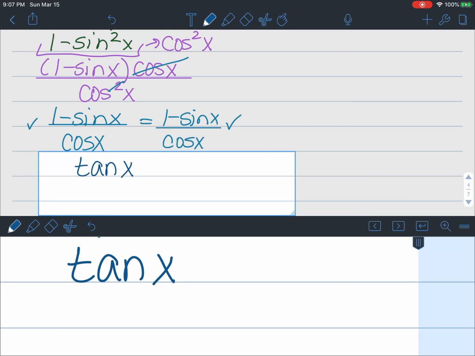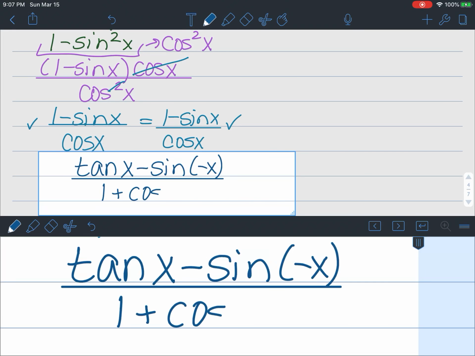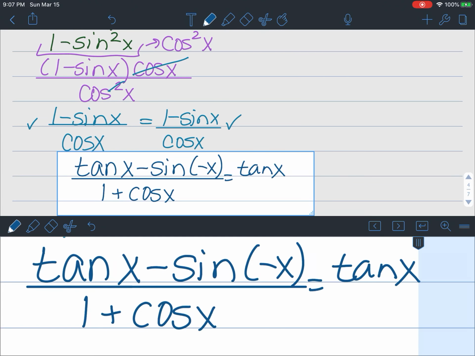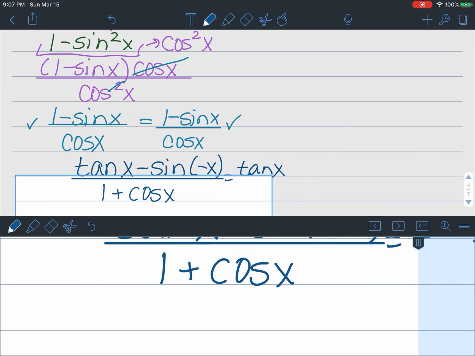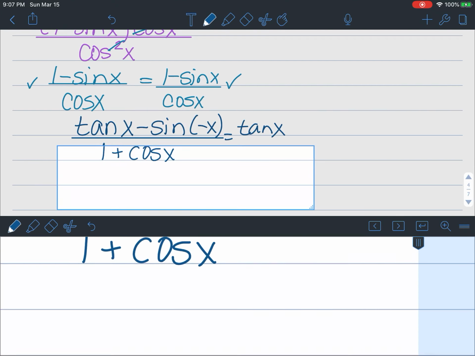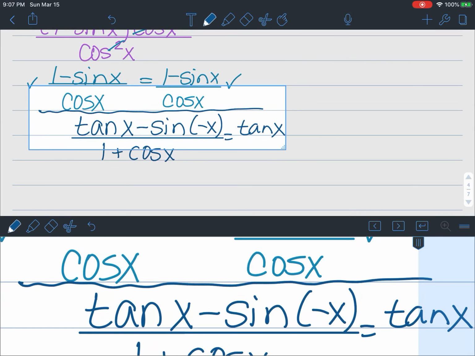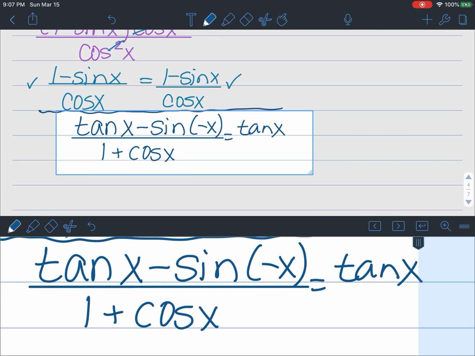Okay, this one's different. We have tangent x minus sine of negative x, and all that is over 1 plus cosine x, equals tan x. So this is one of the first identities we wrote down. I'll put a line in here because that's a little confusing.